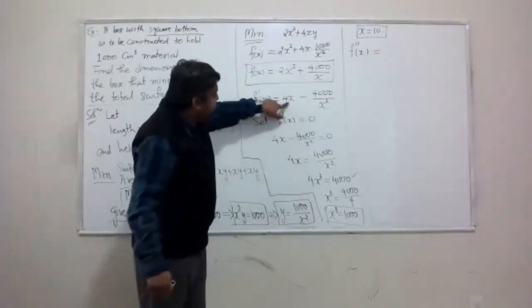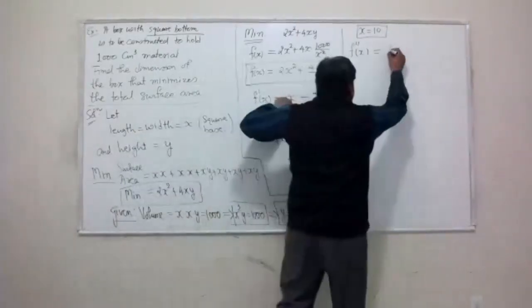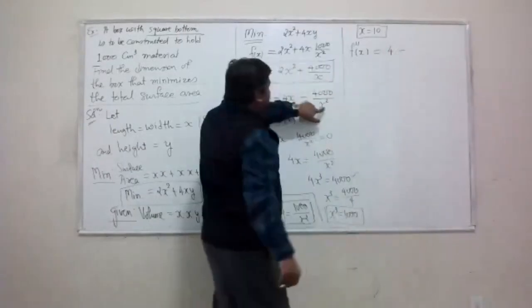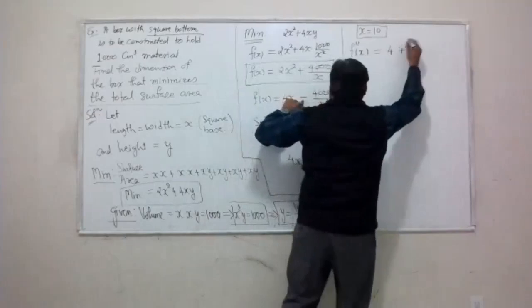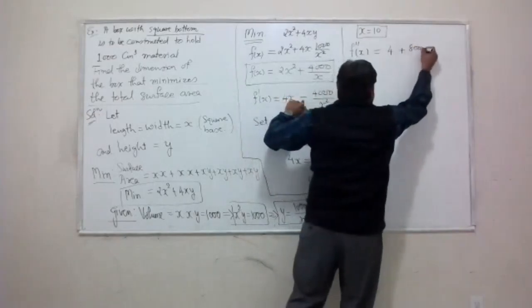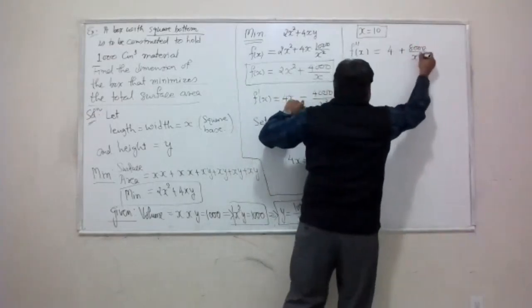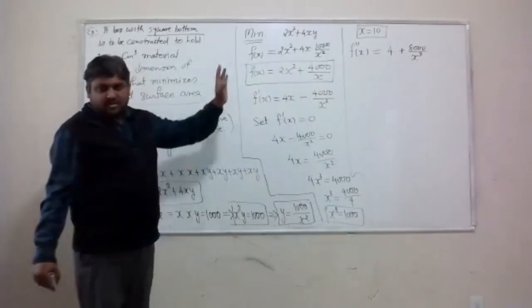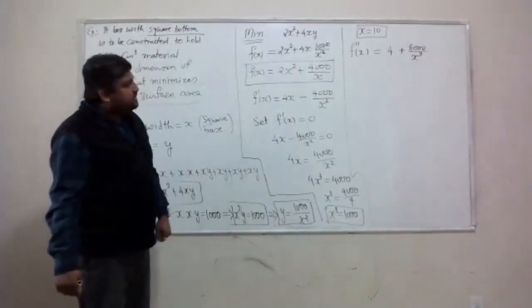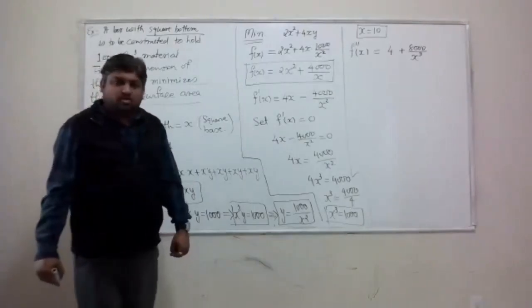Do this carefully. Derivative of 4x is 4. And derivative of x to the negative 2 is negative 2 x to the negative 3. That really gives me 4 plus 8000 over x cubed.